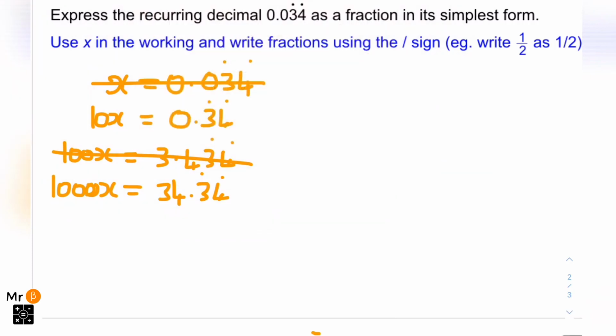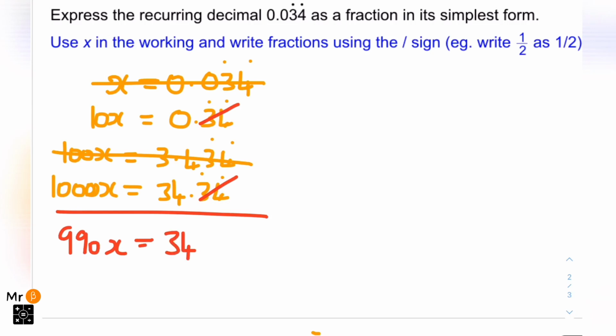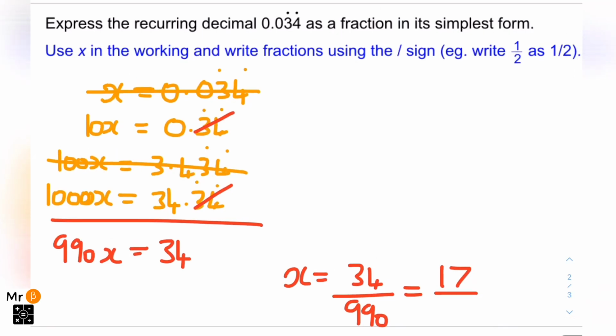So now we're going to subtract our 10x from our 1000x to get 990x. 34 take away 0 is 34, and our decimals cancel each other out. We now divide through by 990, and we simplify. We can halve both top and bottom, that leaves us with 17 over 495.